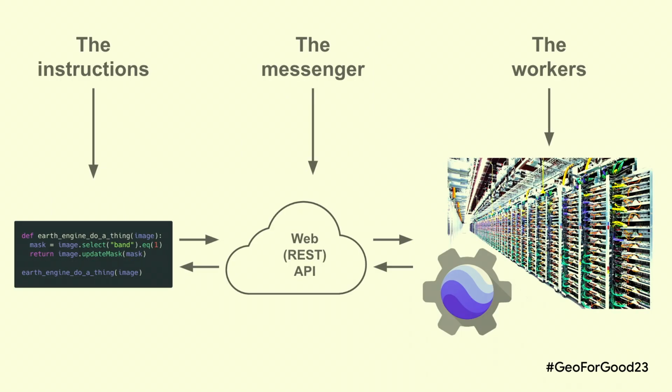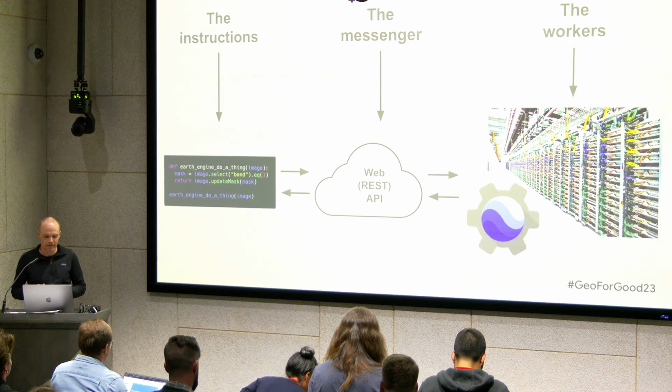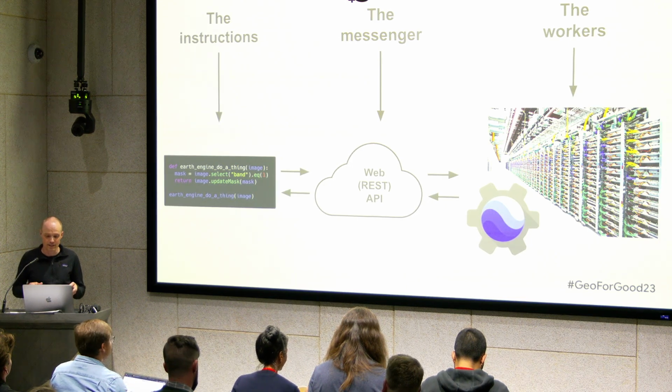And so you use this language to write instructions. On the left, I have this little block of code, and it's a function in Python called Earth Engine do a thing. I write code that I want Earth Engine to do these things to imagery, and this code I'm writing is in a client library.